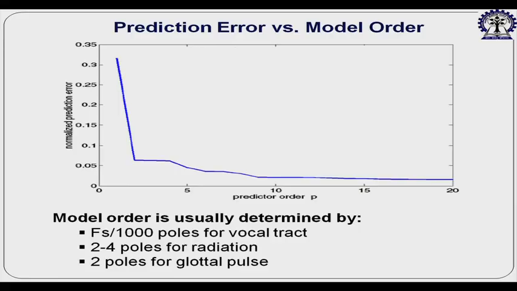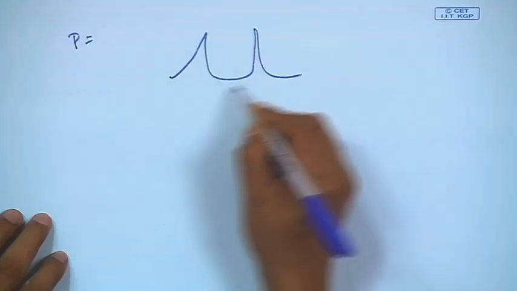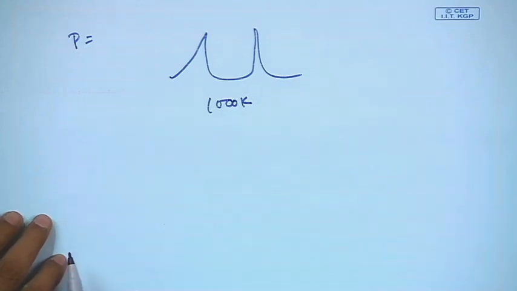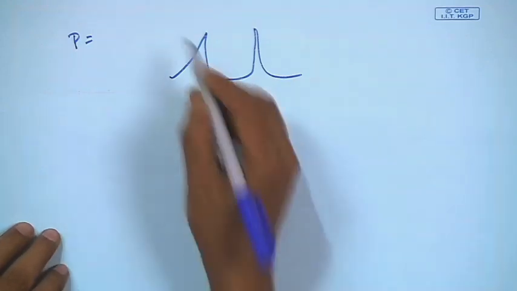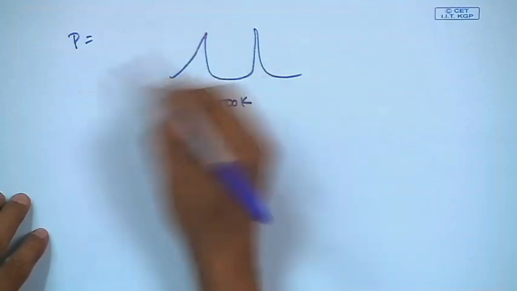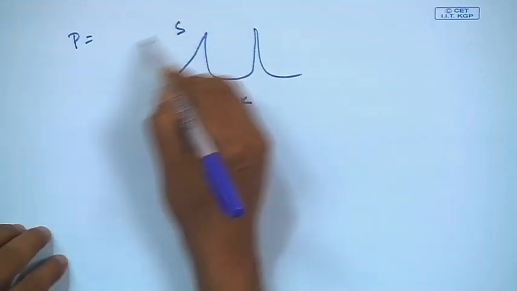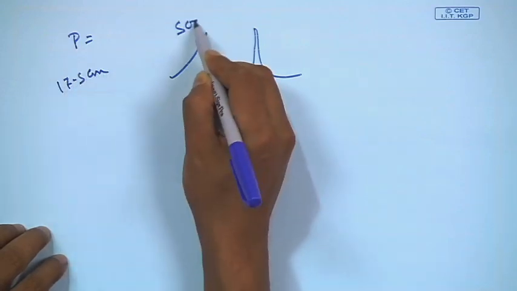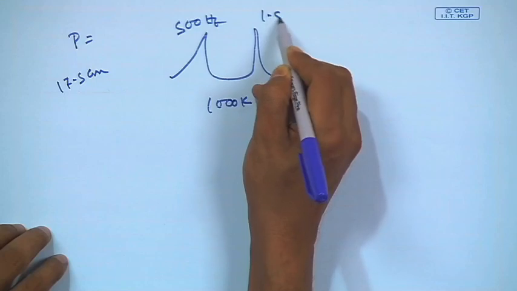If you see, in the tube model, every Formant is separated by 1 kilohertz. If you remember from the first class, the uniform tube model with tube length 17.5 centimeter, the first Formant is 500 hertz, the next Formant is 1.5 kilohertz.